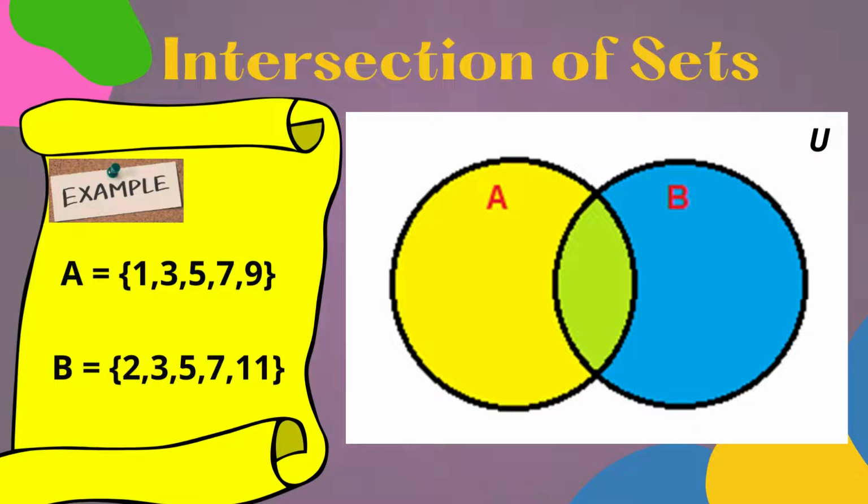This represents the universal set. Next, since there are two sets given, set A and set B, draw two circles inside the universal set, as shown in the figure.